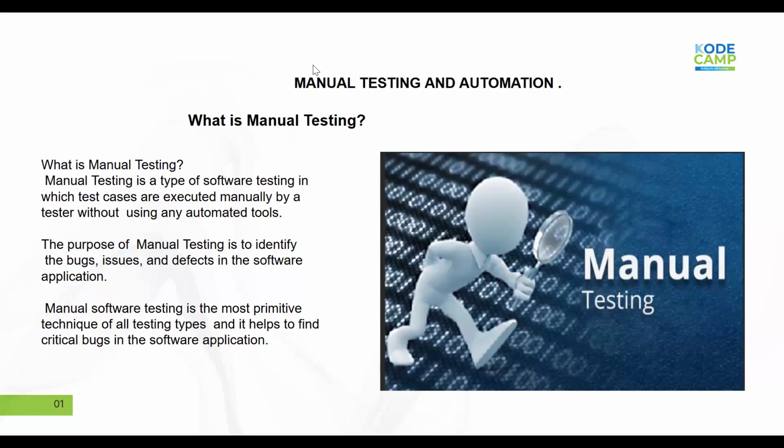So when a tester is executing test cases manually, it is without any automation tools. It's not like you're using any form of automation tools to carry out your test. It's not like you're using Selenium to test if a user can log in, writing some set of scripts to check if a user can log in on Chrome, on Firefox, on Microsoft Edge.